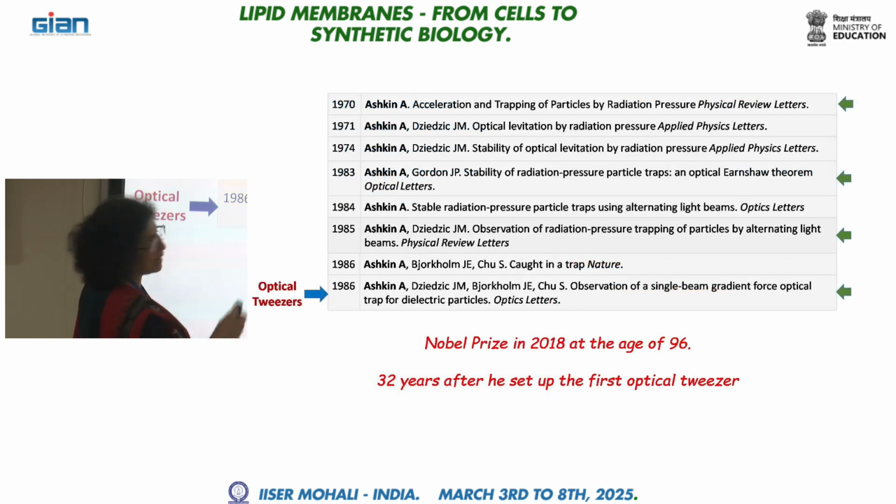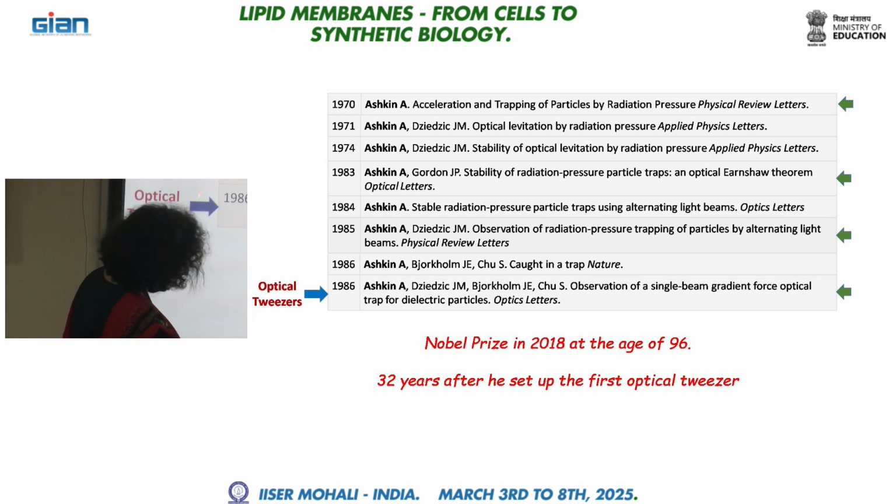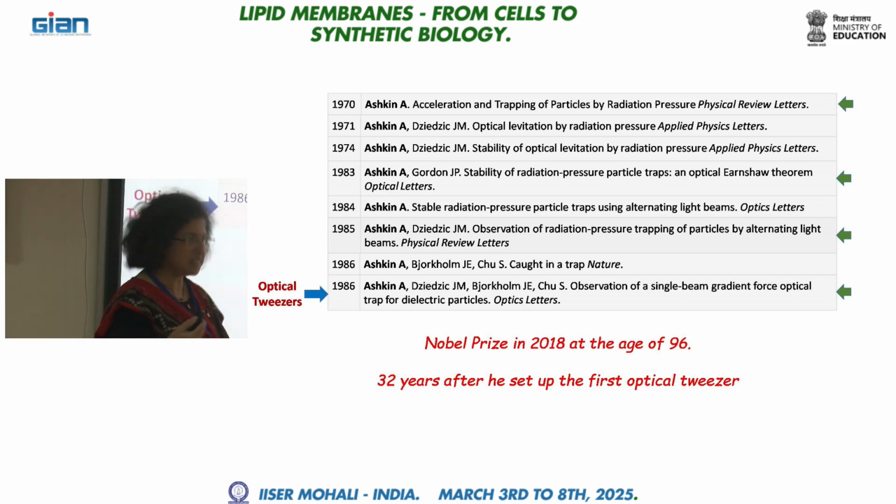These are the progression of papers published in the same area. If you remember the figures that I showed you, 1970 was the first attempt at the optical tweezer, and 1986, 16 years of effort later, the first working tweezer came out. And in 2018, at the age of 96, he received the Nobel Prize.